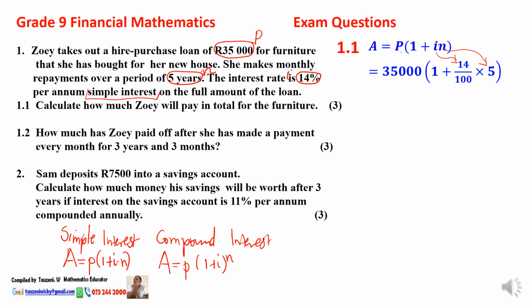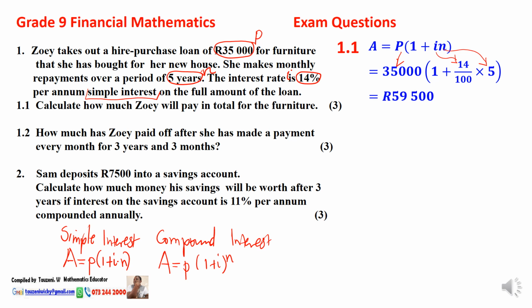After that, you type this in a calculator and press the equal sign to get your answer. For number 1.1, the amount of money that Zoe paid in total was 59,500 using the simple interest formula. That's my answer for number 1.1.